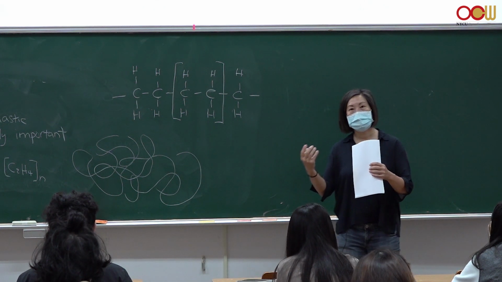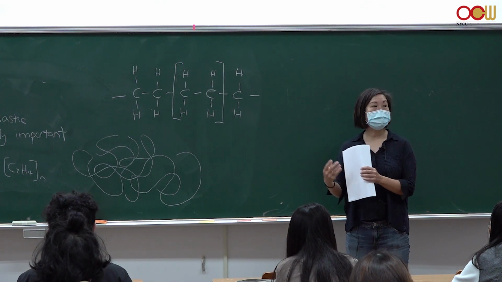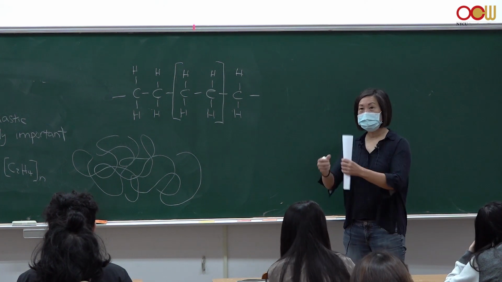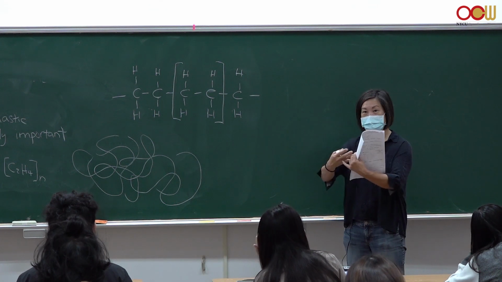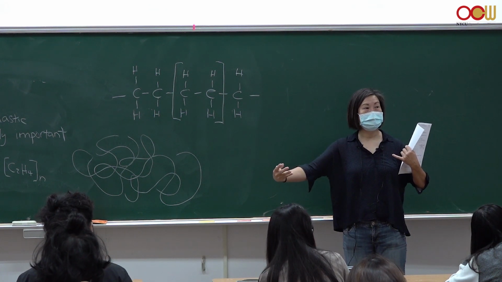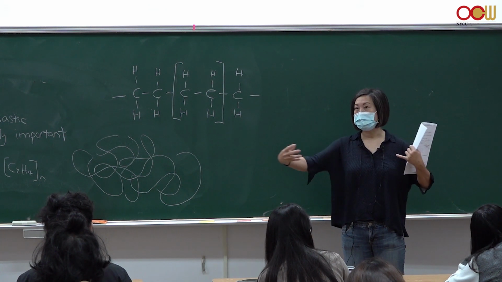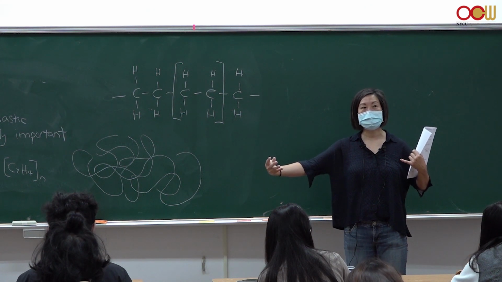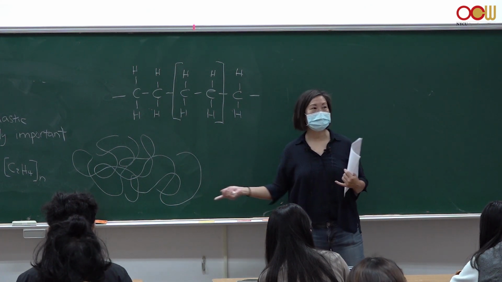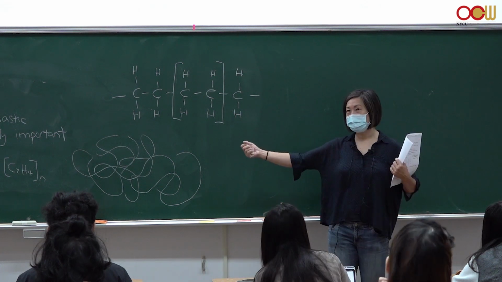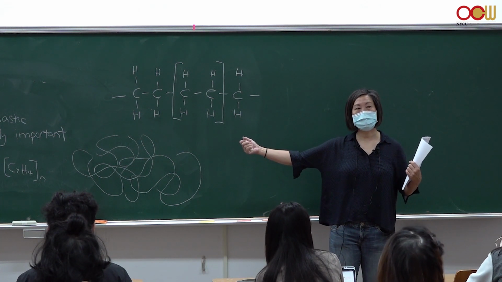But there's no covalent or ionic bonding between the chains. And so when you stretch it, the chains just slide past each other. And they could elongate, right? There's nothing stopping them from stretching. And so that's why plastic materials can be so stretchy, very elastic, with a high amount of strain.